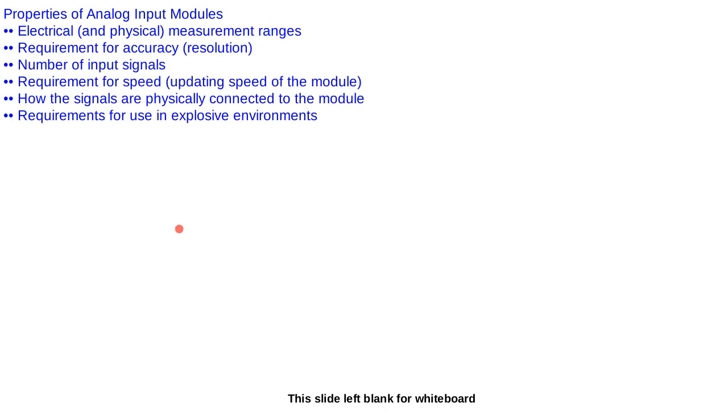Some of those considerations include, one, the electrical measurement ranges, and this can also be the physical ranges. What are the measurement ranges that your input modules can accommodate? That is the first consideration. Two, the requirement for accuracy, and this is achieved by looking at the resolution.